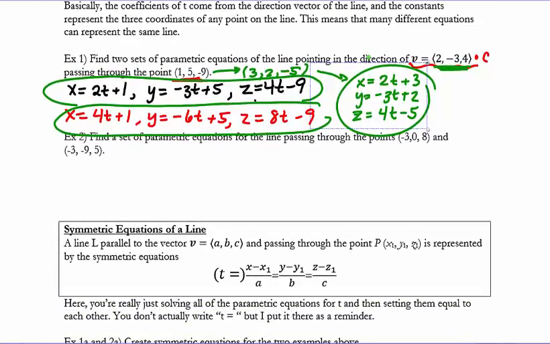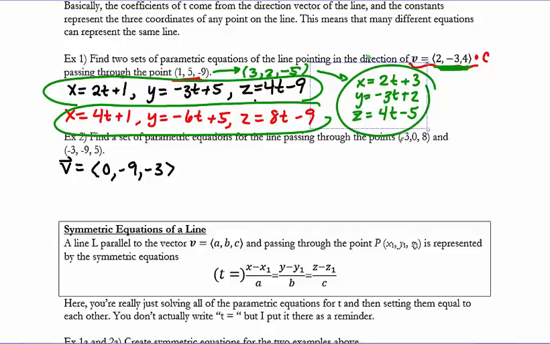All right, so find a set of parametric equations for the line passing through these 2 points. What we've learned is that to get the parametric equations for a line in space, you need a vector that indicates direction, and you need any point on that line. Well, I have 2 points on that line, which means I can use them to get a vector and use one of them to get my initial point. So very quickly here, my vector that indicates direction is going to be 0, -9, -3.